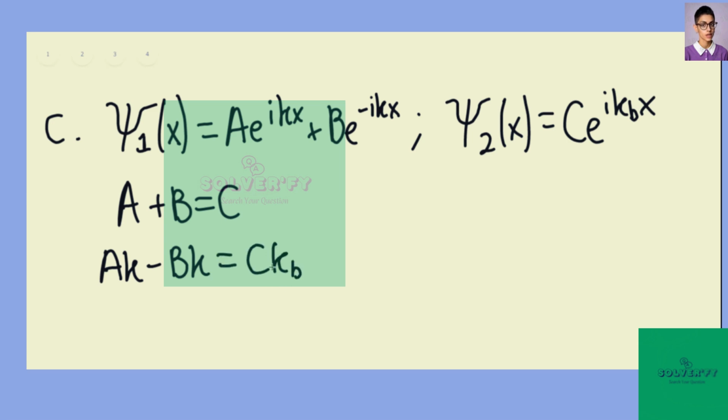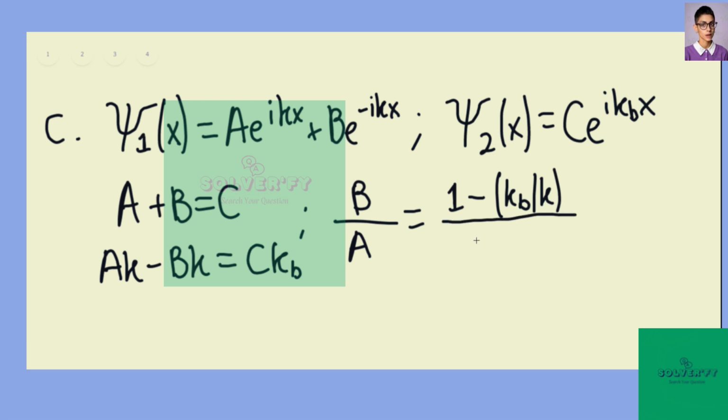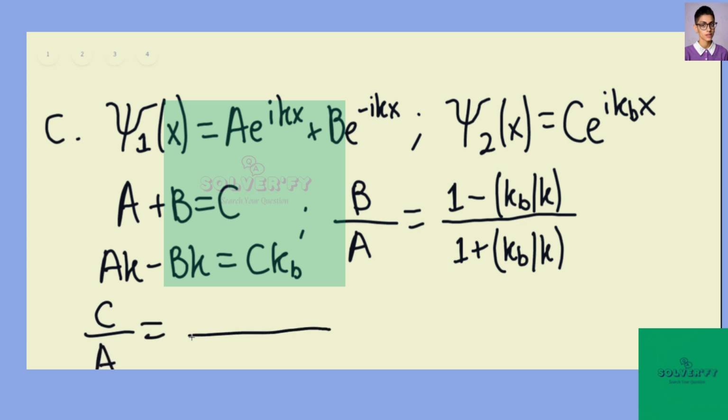And solving for B and C in terms of A, we can then say B over A is going to be equal to 1 minus k sub B divided by k, divided by 1 plus k sub B over k. And we can then say C over A is equaling 2 divided by 1 plus k sub B over k.